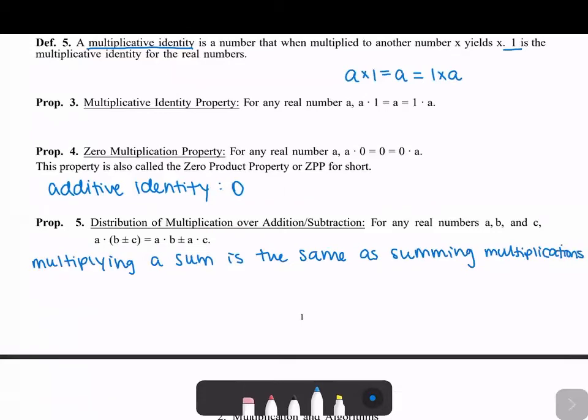Right, so if we multiply a sum, it's the same thing as summing those two multiplications. So we can do this in either order and it's still correct.